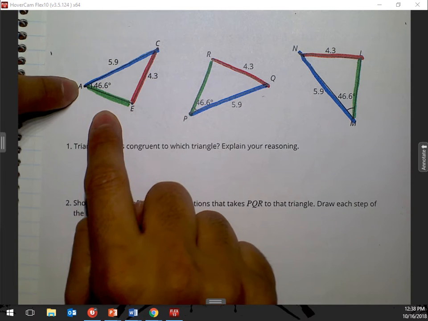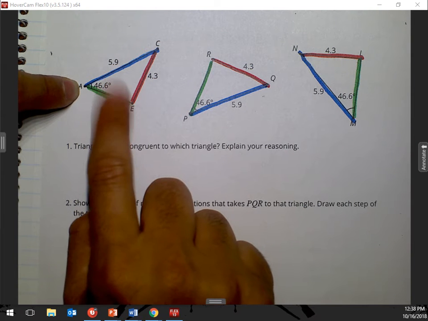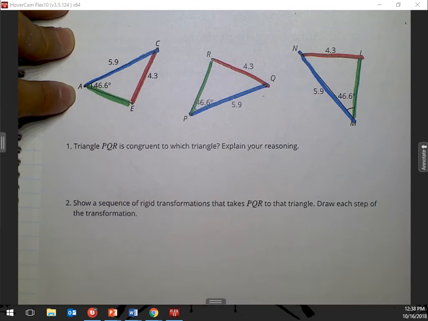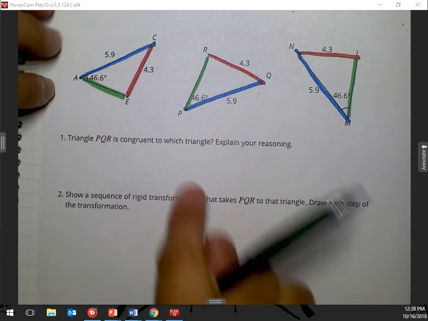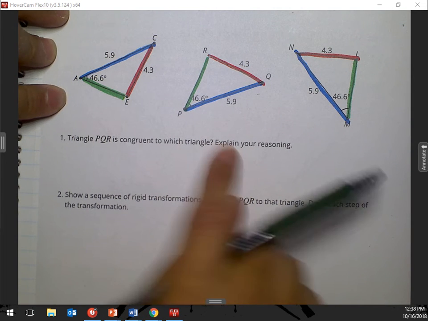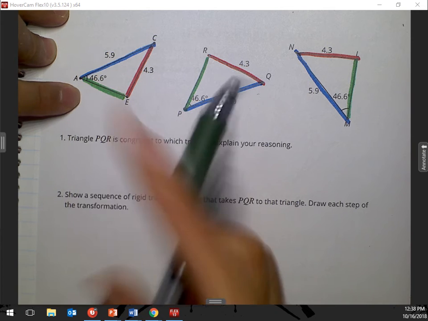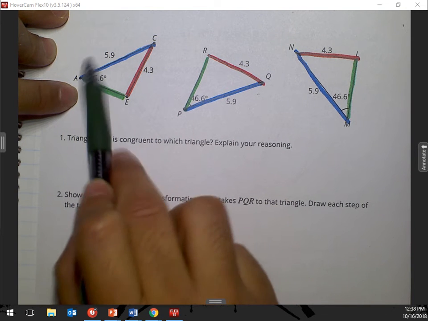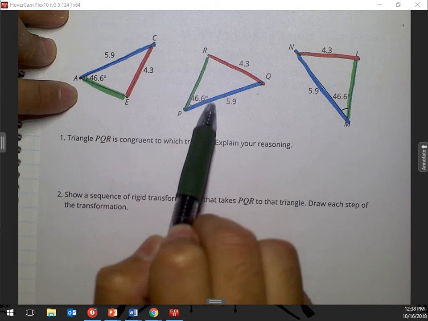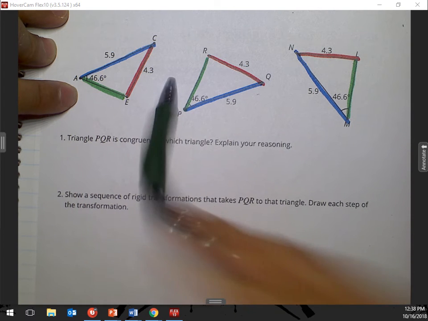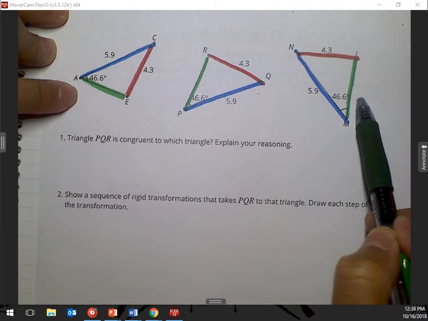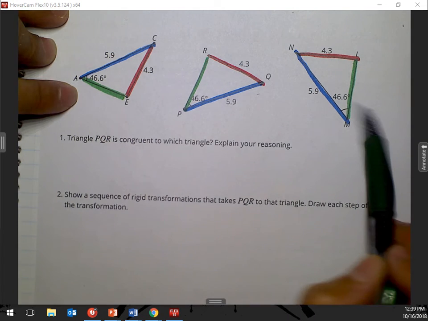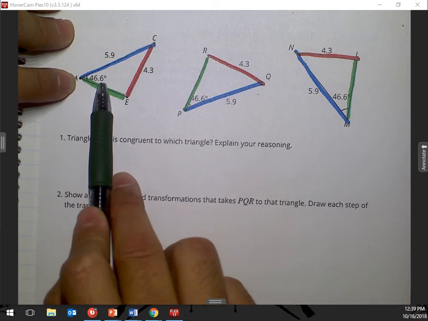So now, because of that, let's look at the locations here. Given that information, A is in between a blue and a green here, right? Okay, that's good. All right, so this one's going to be 46.6.